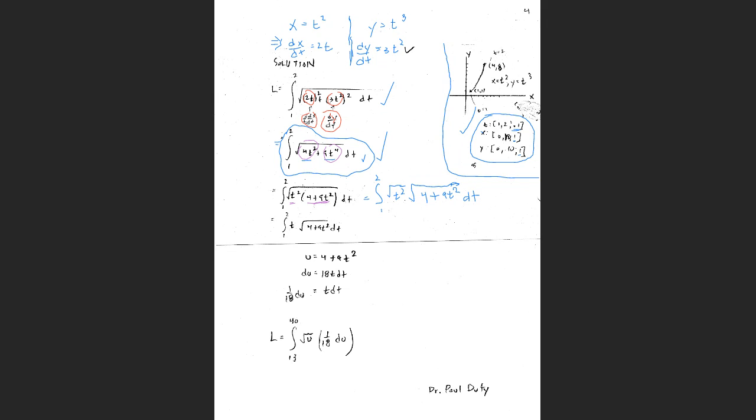Okay? Normally, for the square root of t squared, you would put the absolute value of t. But since your limits are already positive, 1 and 2, the absolute value of t would be just t. And so that's why we put a t here. And so this becomes your new integral.